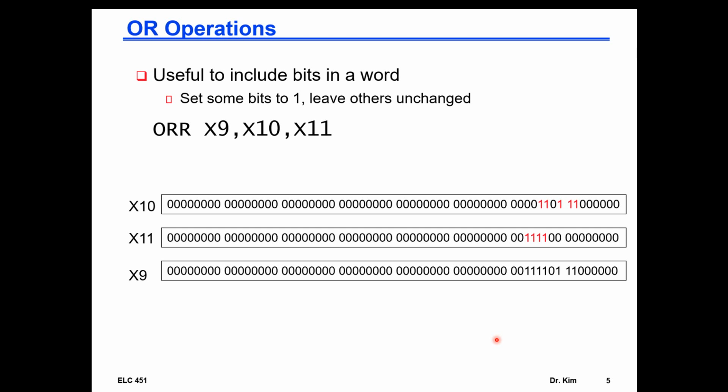This allows us to leave some bits unchanged and just change the ones that we want. It actually allows us to set some bits to 1 and leave the other ones unchanged, and that's part of masking operations in binary numbers and binary patterns.